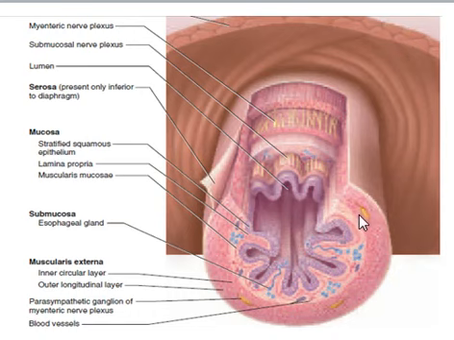The inner layer encircles the tract, while those in the outer run longitudinally. This is to maintain contraction. This is the outer layer. We call it the serosa. This layer is composed of a thin layer of areolar tissue topped by a simple squamous mesothelium.